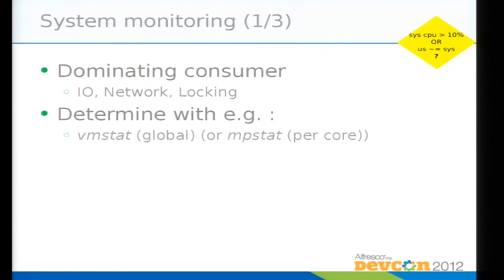You just need to use different tools. So vmstat will be for all the cores, and mpstat will give you stats per core, which is also interesting because sometimes you could have one core completely maxed out and the others doing nothing, and vmstat will say 12%, but you won't know if it's 12% on all cores or one core that's at 100%. So you need to differentiate between the two.